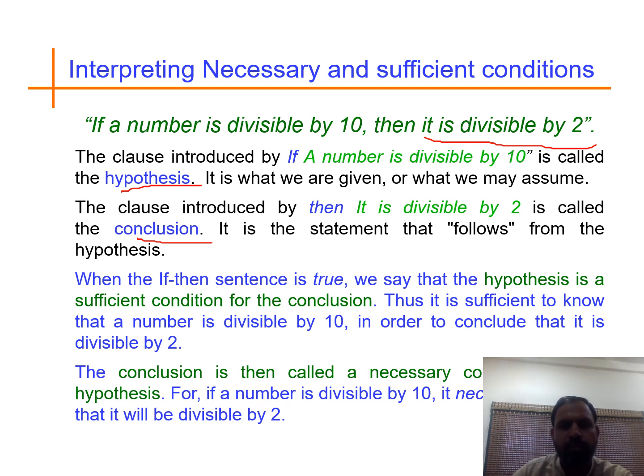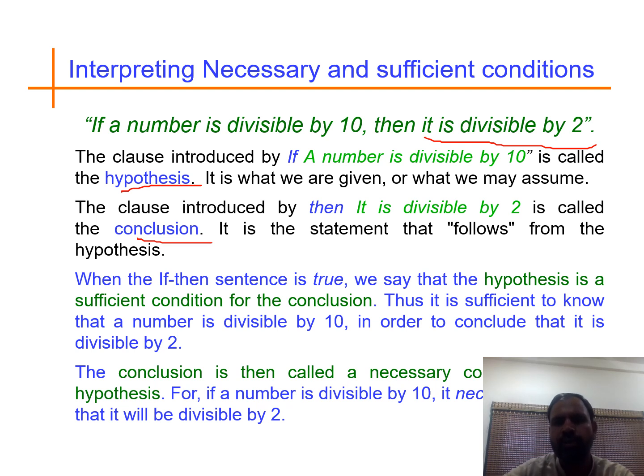When the if-then sentence is true, we see that the hypothesis is a sufficient condition for the conclusion. Think about this. When the if-then sentence is true, we say that the hypothesis is a sufficient condition for the conclusion.